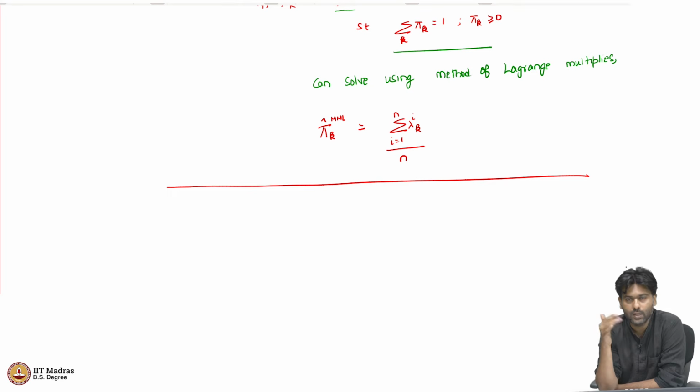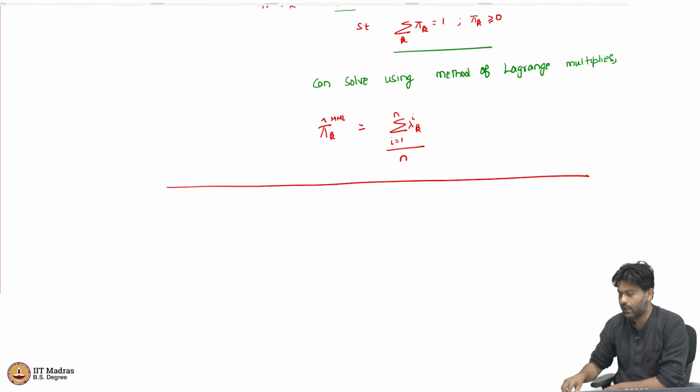So, if lambda_ik's were zeros or ones, then for each data point you are counting lambda_ik, so it will be 1 only for those points which have been assigned to cluster k. So, you are just looking at the fraction of points assigned to cluster k. But if you do a soft clustering, if lambda_ik's are between zeros and ones, then this is telling you on average what is the chance that a point belongs to cluster k. That is what this is, right.